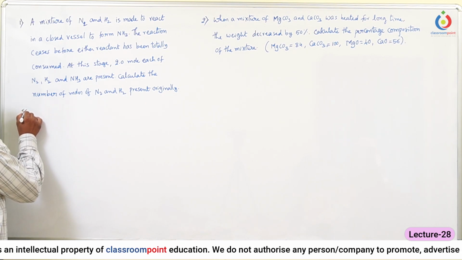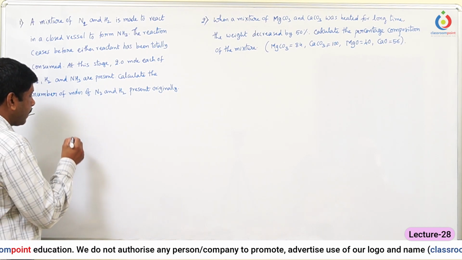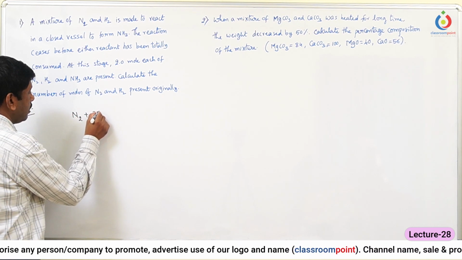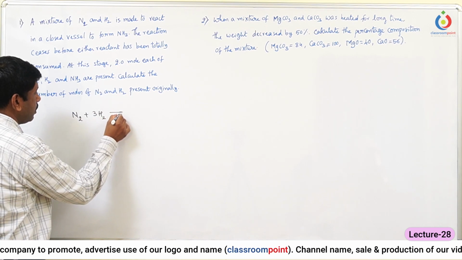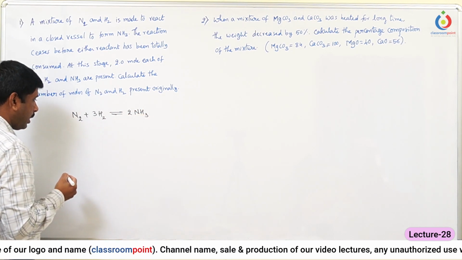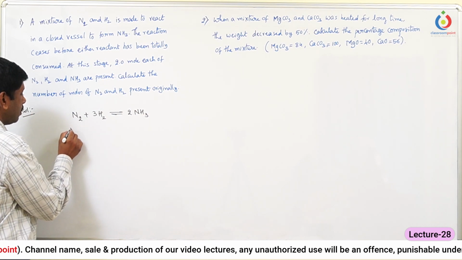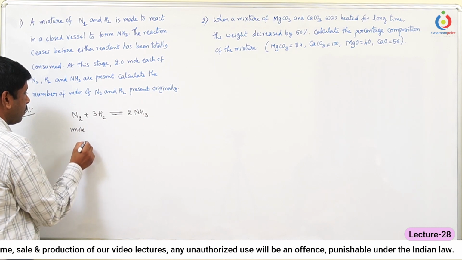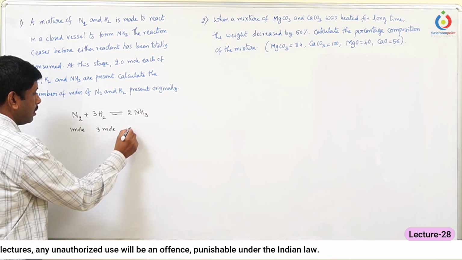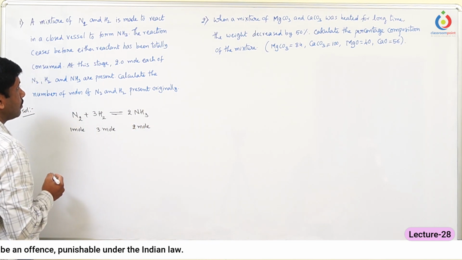So let us solve this question. Let's write down the equation for this. The equation is nitrogen reacts with 3 moles of hydrogen to give 2 moles of ammonia. According to the balanced equation, 1 mole of nitrogen reacts with 3 moles of hydrogen and finally produces 2 moles of ammonia.